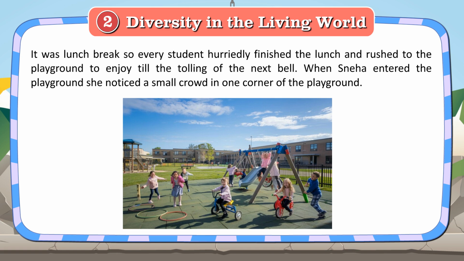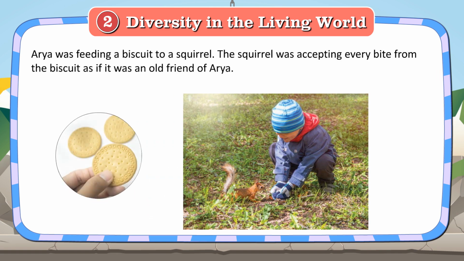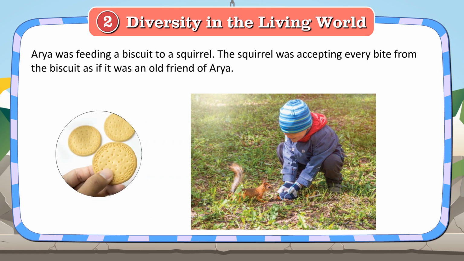On getting closer, she noticed that some children had surrounded Arya, who was sitting crouched on the ground. Arya was feeding a biscuit to a squirrel. The squirrel was accepting every bite as if it was an old friend of Arya.